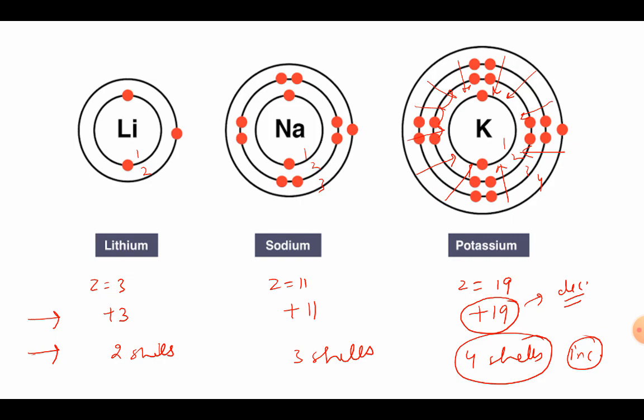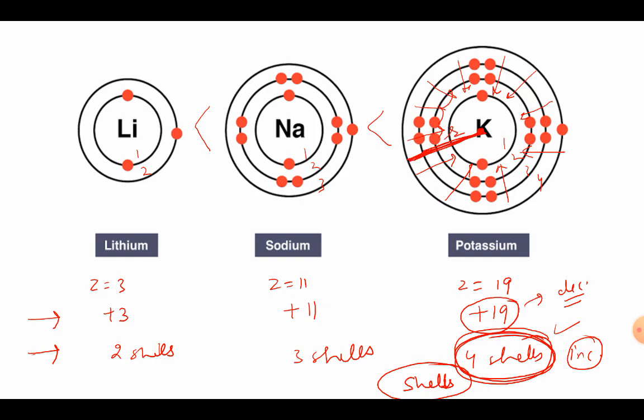But which factor is stronger if we have to compare the nucleus force of attraction and the shells? So you all got it right, that shells are the stronger factor, and because the shells are maximum in case of potassium, the size is also maximum for potassium. So this is the correct order, and we can see that this is the distance from the center of the nucleus to the outermost shell.